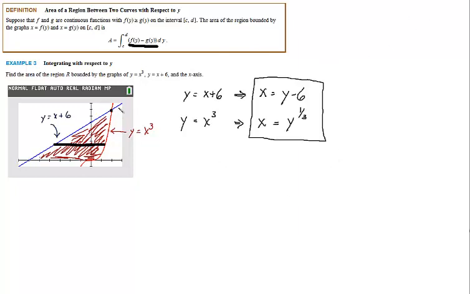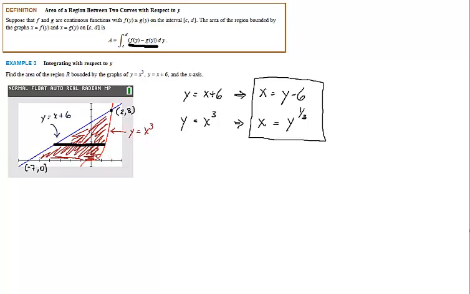Alright, and this point is the point (2, 8), and this point is obviously, let's see, 1, 2, 3, 4, 5, 6, 7, so (-7, 0).